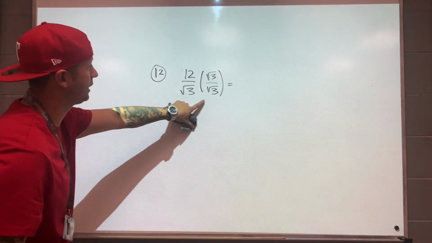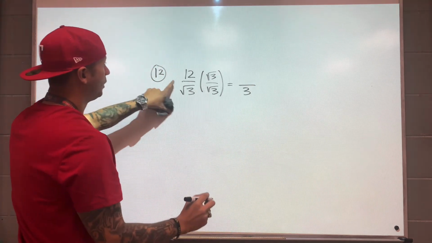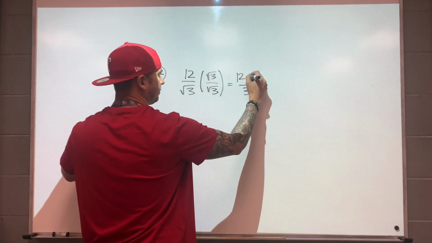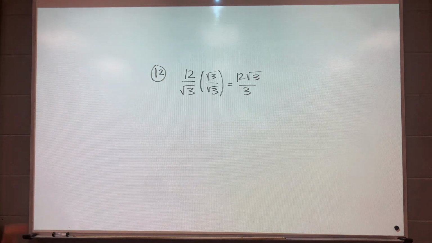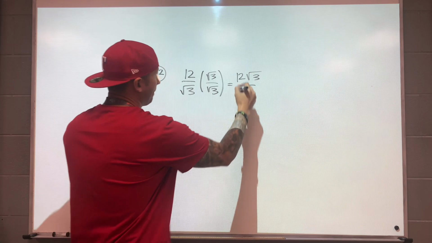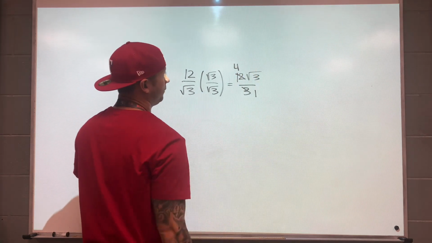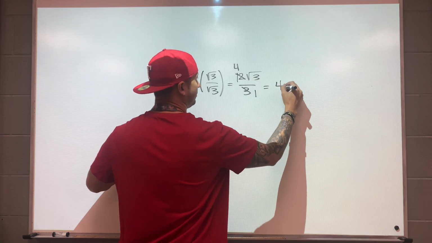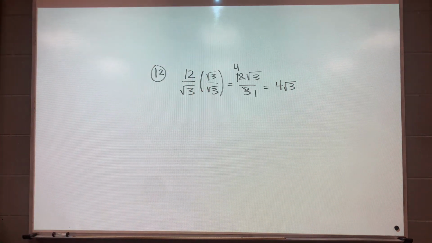So root 3 times root 3, 3. 12 times root 3. Here, the 12 and the 3 can cancel because 12 is divisible by 3. 3 goes into 3 once. 3 goes into 12 4. 4 root 3. Final answer.